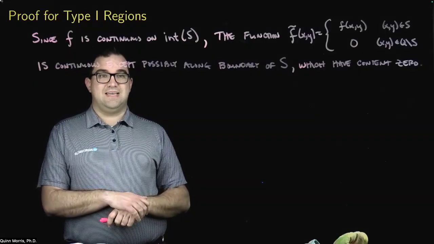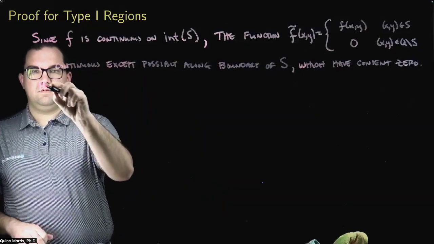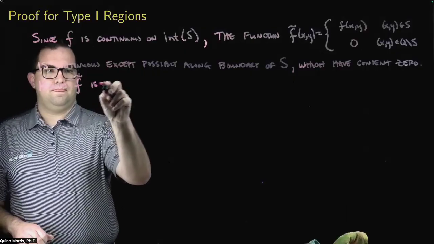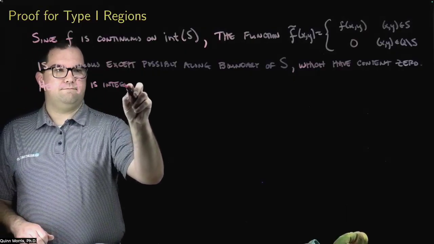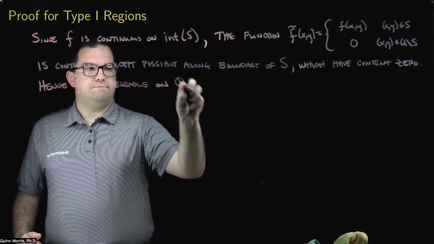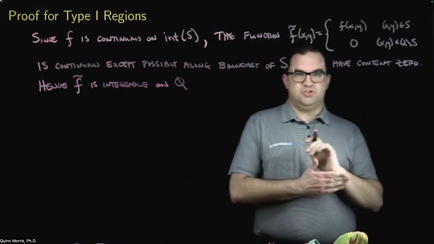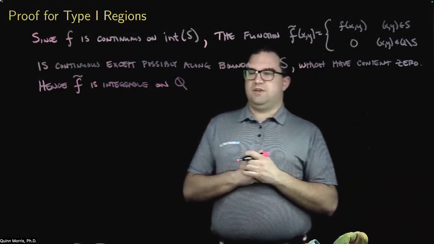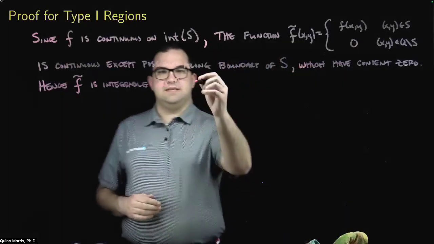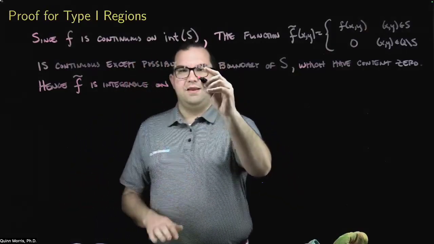That means that f tilde is integrable on Q. Now, I'm on a type 1 region, so I might want to define specifically what rectangle this is. Since I'm on a type 1 region, my x values are going from a to b.